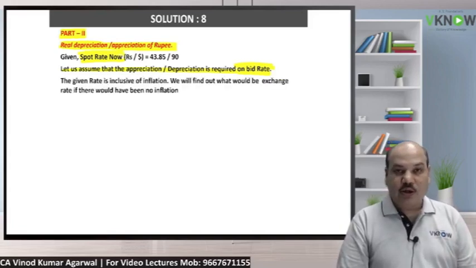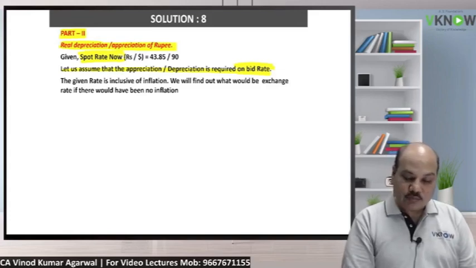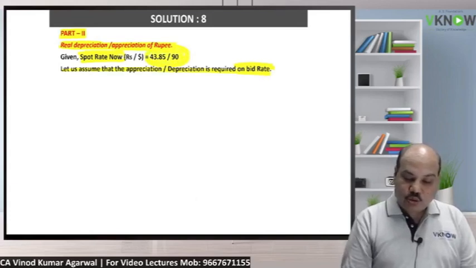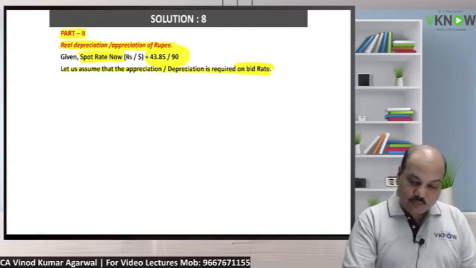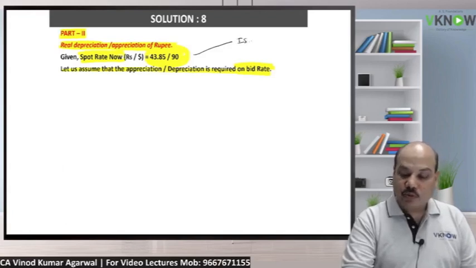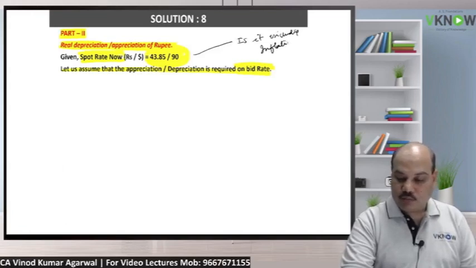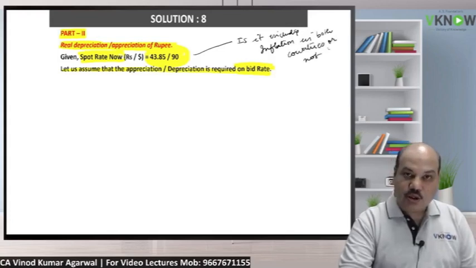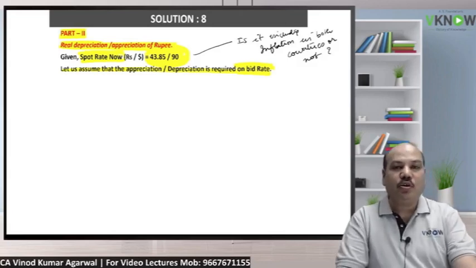Why have we taken bid rate? Because the institute has taken bid rate. Now, if the exchange rate is given to you today, is it including inflation or excluding inflation? My question to all of you is, is it including inflation in both countries or not?